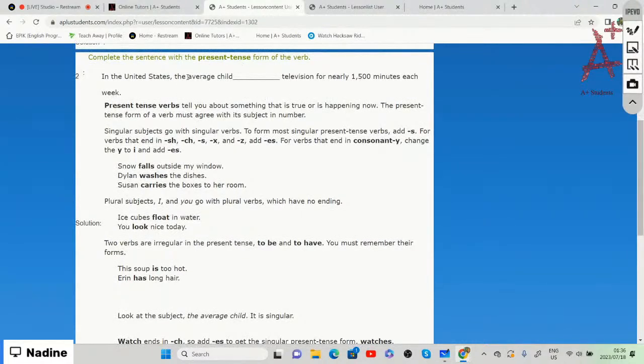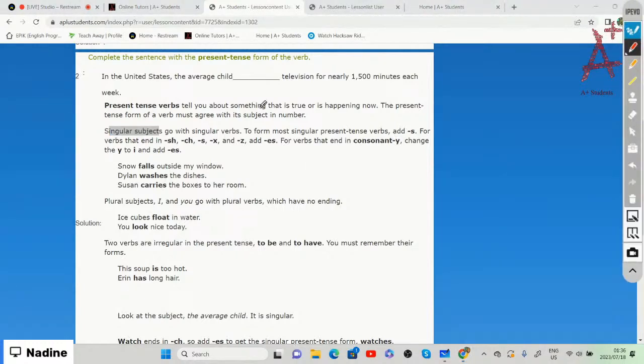The average child means we're referring to one child, so we are referring to a singular subject. So does a single child watch TV, or a single child watches TV? Watch or watches.